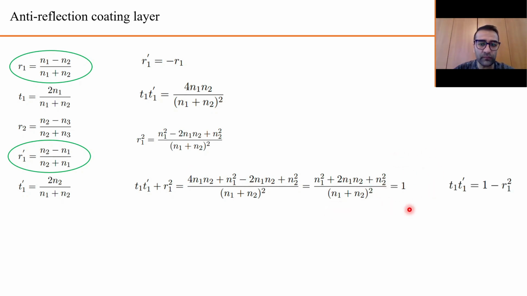Therefore we can easily see that t1 times t'1 will be 1 minus r1 squared.